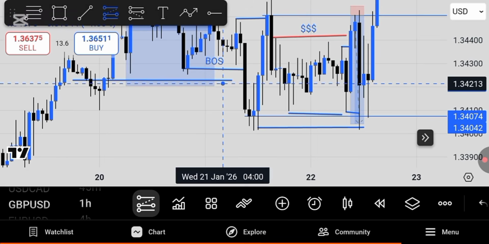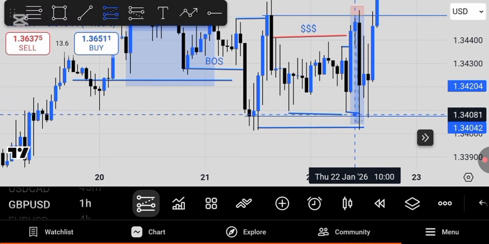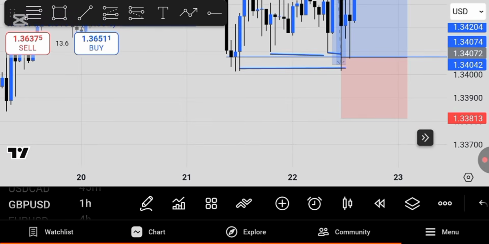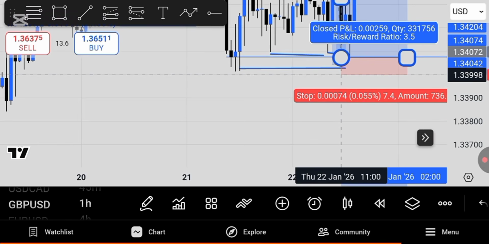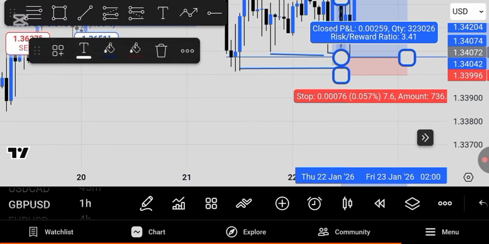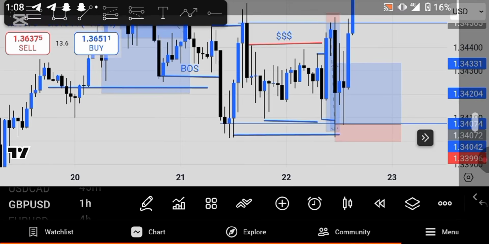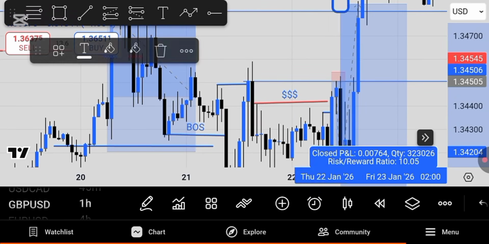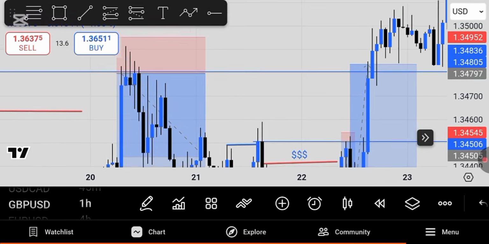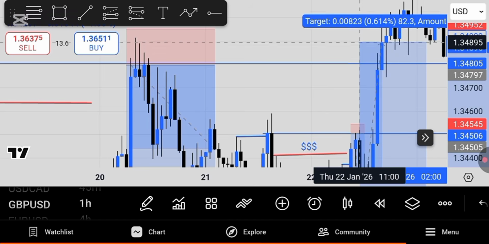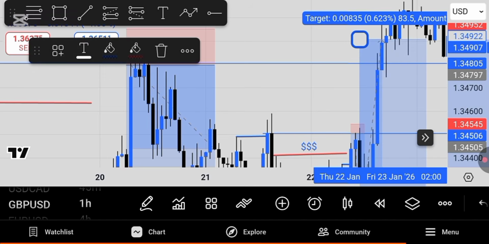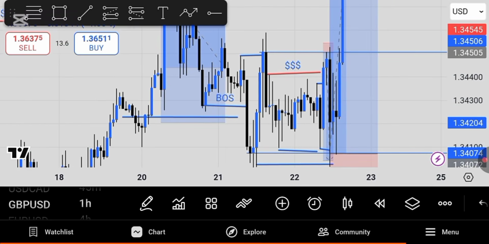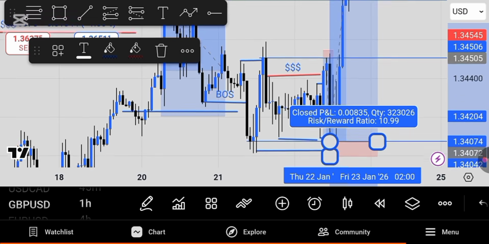That is, if you place your buys directly from here, which is a very good one. You place your buy stop loss just below here, which is a 7 pip stop loss, and you are bullish, so you can target any amount you want. But the safest target for us will be this high. This will be safe. And even if you entered from this zone, you are getting a 10 RR trade.